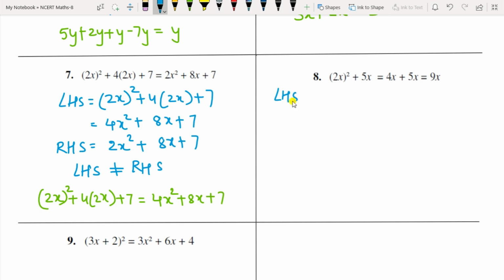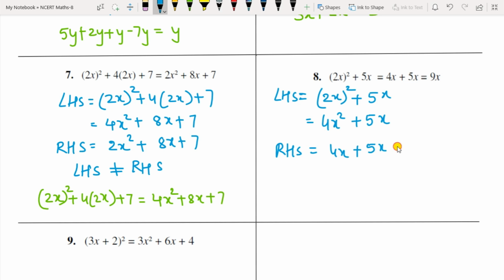Here LHS is 2x square plus 5x. Okay. So it is 4x square plus 5x. But RHS is given as 4x plus 5x equal to 9x, which is not true.